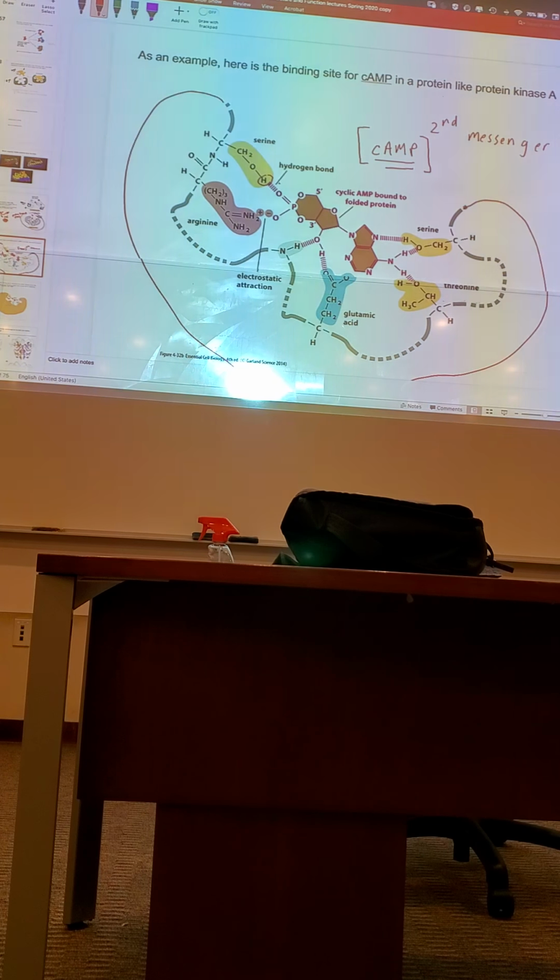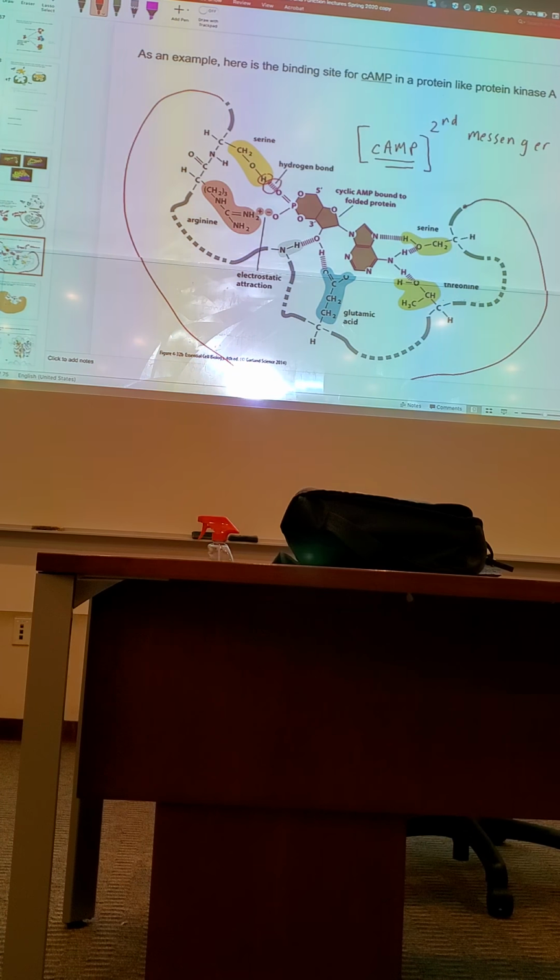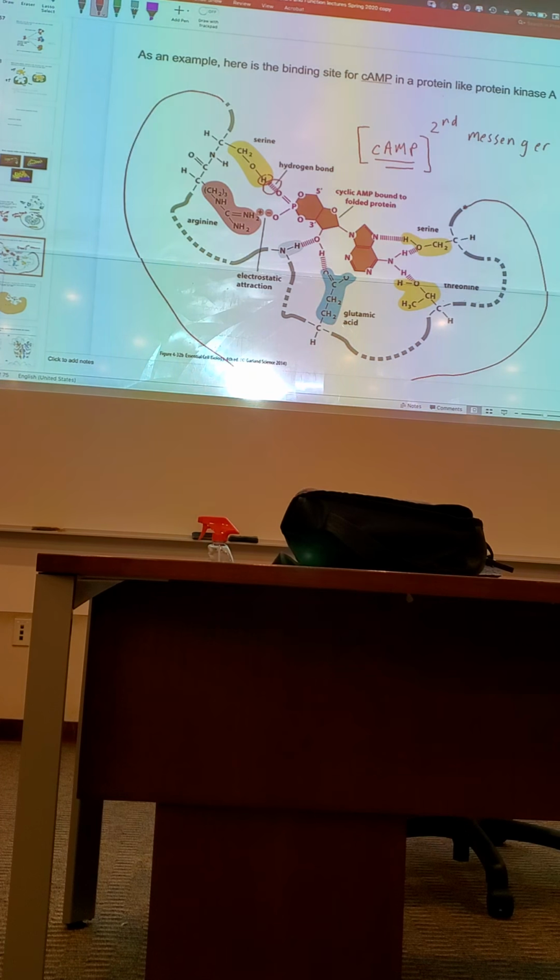And so this is our hydrogen bond, forming between the serine residue and one of the oxygens on the phosphate in cyclic AMP. That one interaction is not strong enough to hold cyclic AMP in place. But here's another one. Here's arginine with its positive charge interacting with the negative charge on an oxygen attached to that same phosphorus.